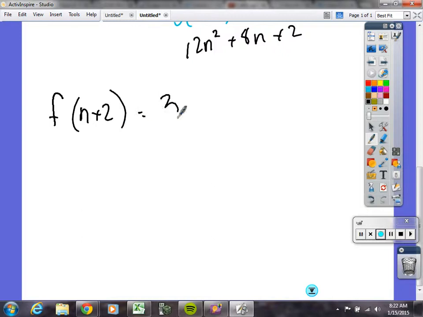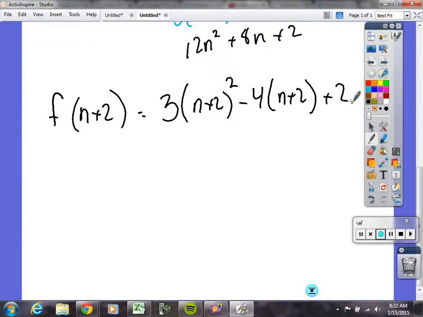So this is 3 times n plus 2 squared minus 4 times n plus 2 plus 2, correct? Noticing the key thing here: every time we insert something, it's important to have parentheses, right?